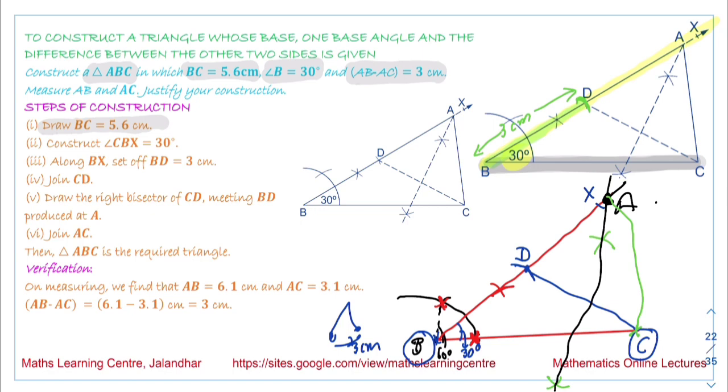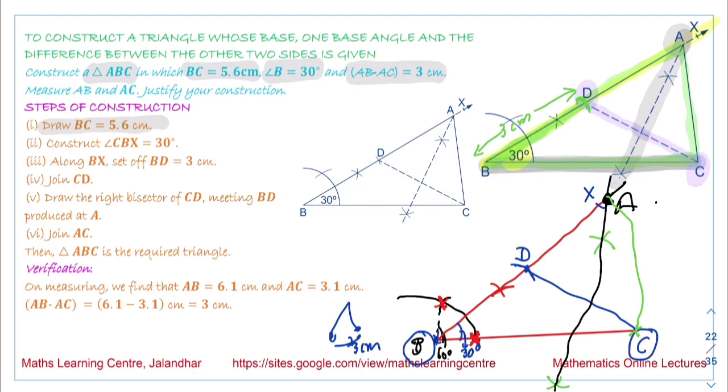Now the next step we have done is we have joined these two points D and C. We have obtained this line DC and we have drawn the perpendicular bisector for this line DC, and the perpendicular bisector intersects the line BX at this point A. This triangle BCA is the required triangle.